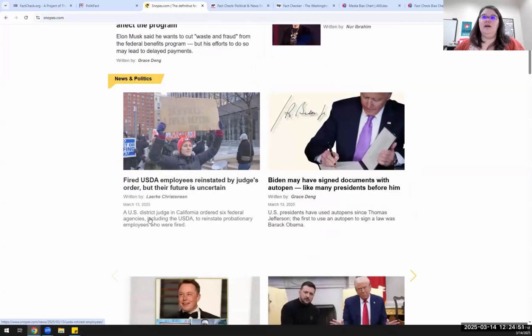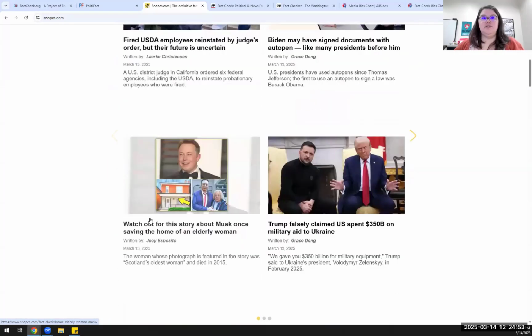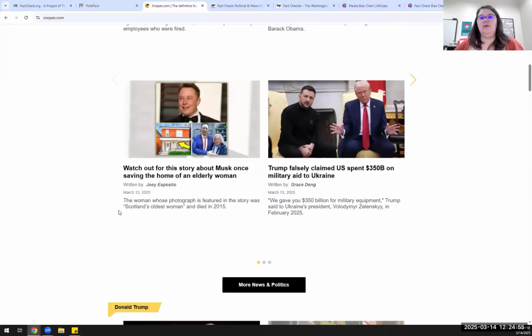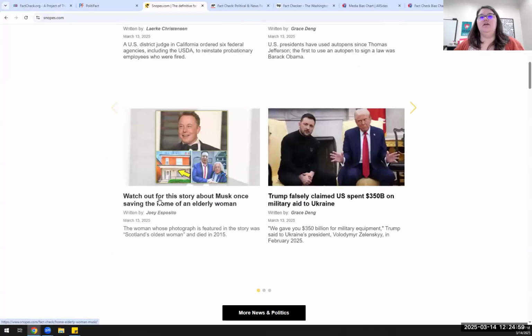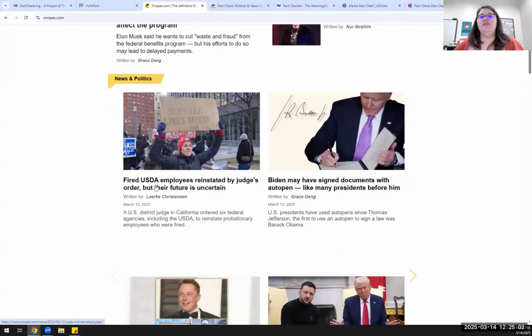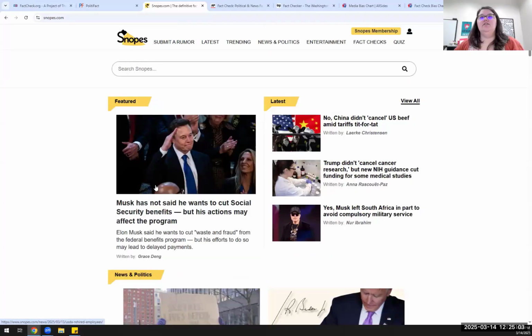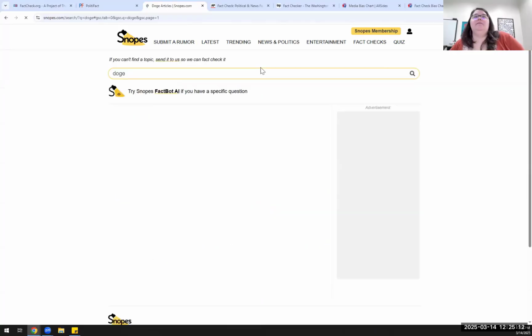So again, it will have similar things where you can actually search for them. It doesn't have the same kind of truthometer, but it will focus on different options here. So you can submit a rumor, you can search for it. So if I'm going to look for, we'll just pick on Doge for right now.